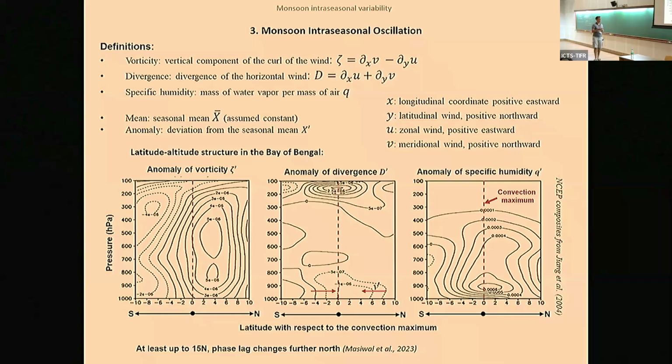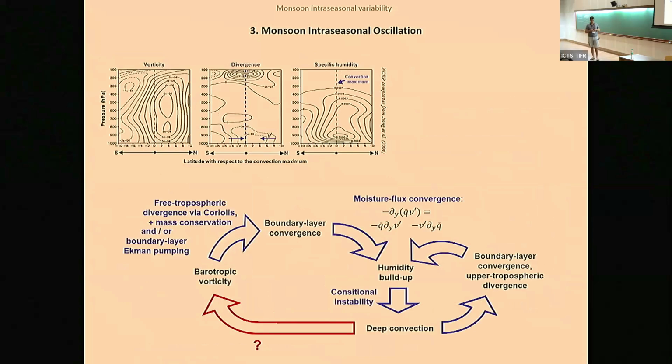But even if they're weakening, they're probably still active until convection and vorticity are completely collocated. So we have two loops essentially of action.